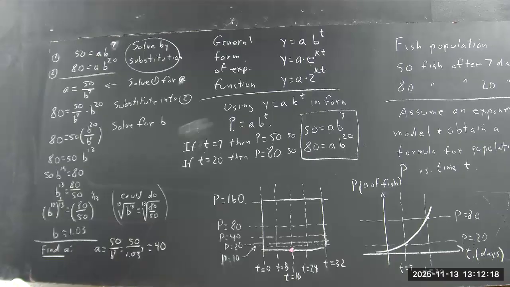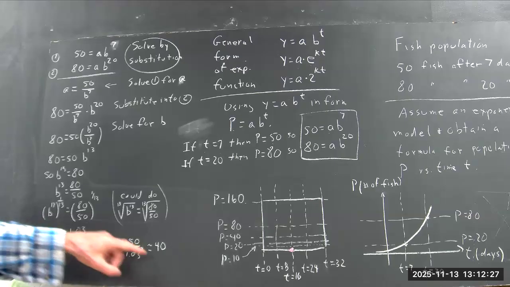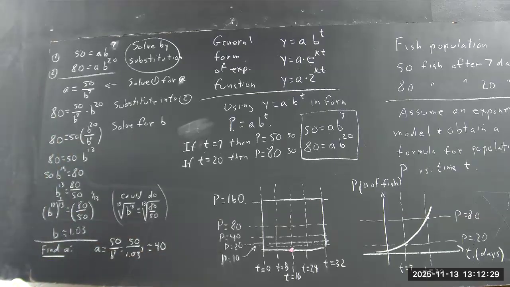Okay? Because I think the fourth power of the 1.03 is pretty close to 1.25, which is 5/4, and we take 4/5 of 50, we get 40. So that's just mental calculation. You do it with your calculator, you're going to be more accurate.